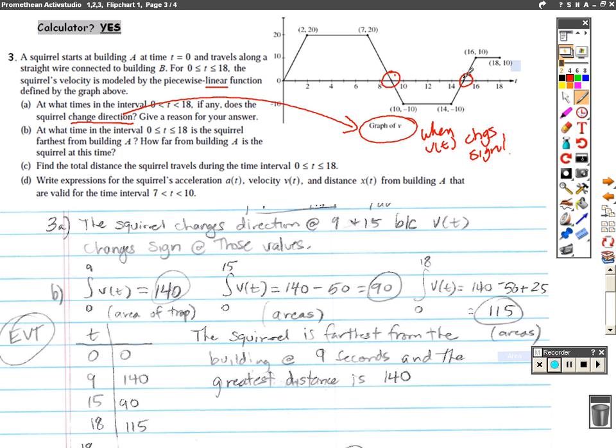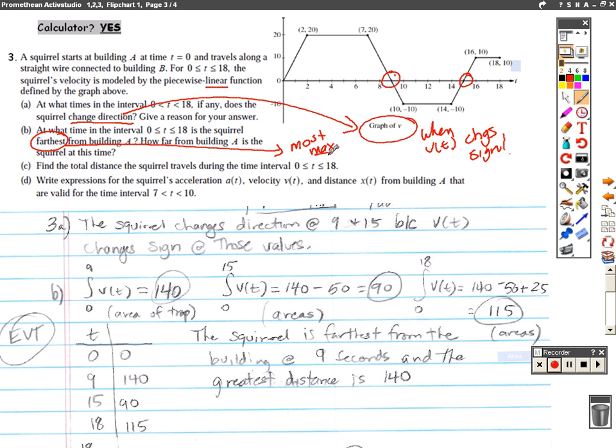Part B, we looked at this problem when we were getting ready for the exam. At what time is the squirrel farthest? Key words: most, maximum. In other words, when is the squirrel the farthest or the maximum away from building A?